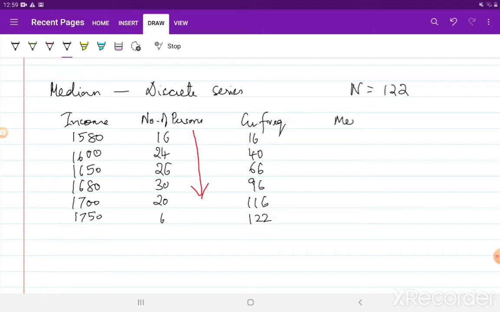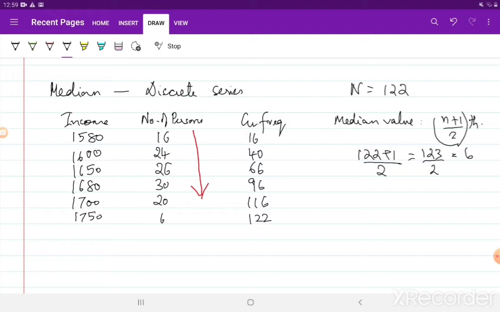So your median value will be the (n plus 1) by 2th term. So that's 122 plus 1 by 2, which means 123 by 2, which means the 61.5th term.